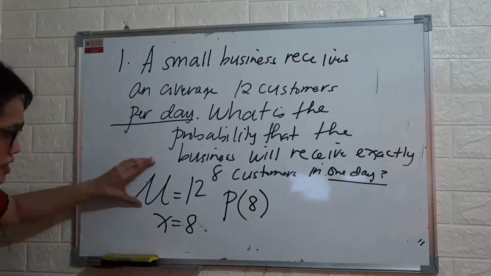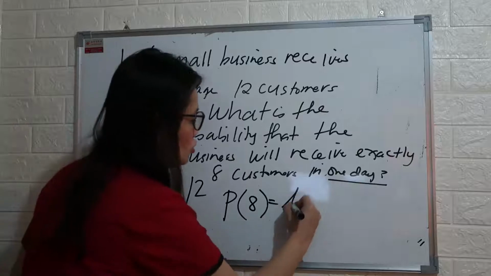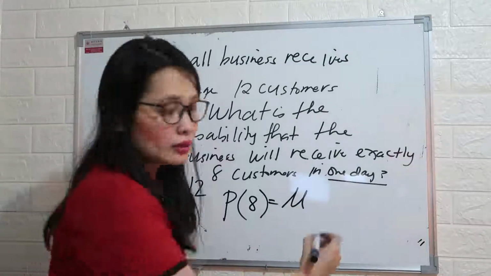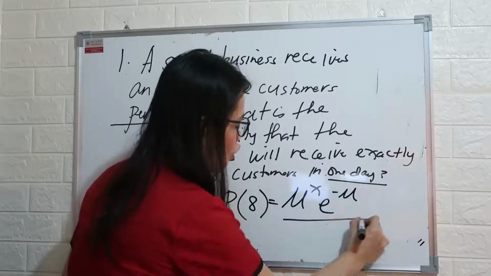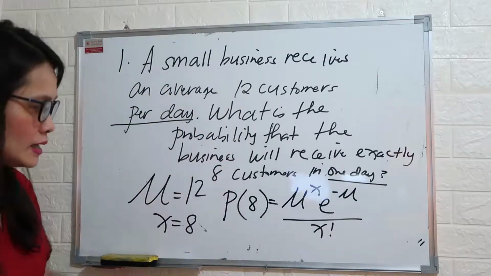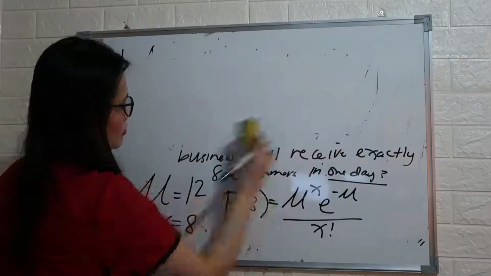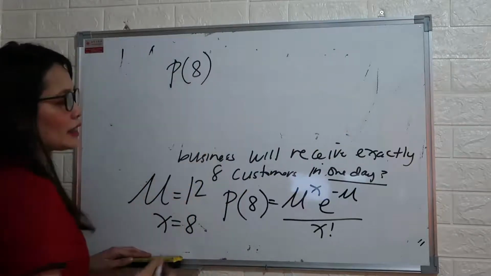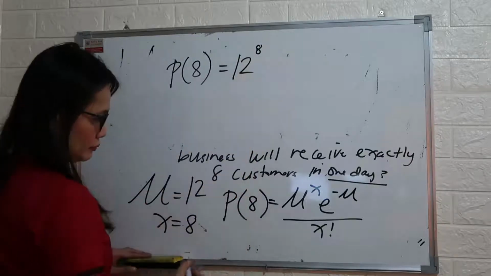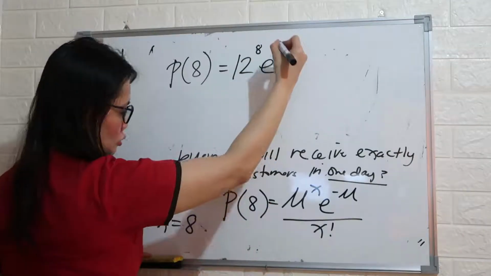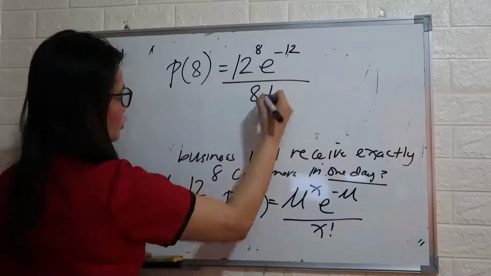Since you already have the mean and the value of x, you can substitute them into the formula: mu raised to x multiplied by e raised to negative mu over x factorial. So the probability of exactly 8 is equal to 12 raised to 8 multiplied by e raised to negative 12 over 8 factorial.